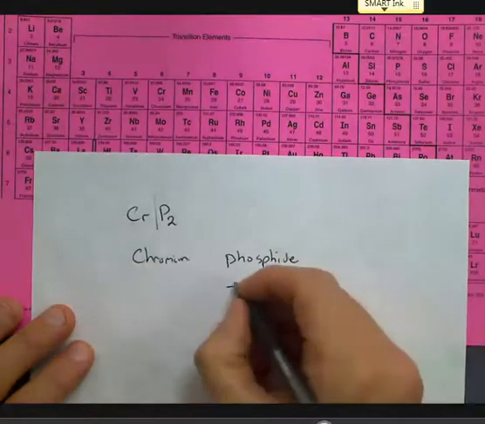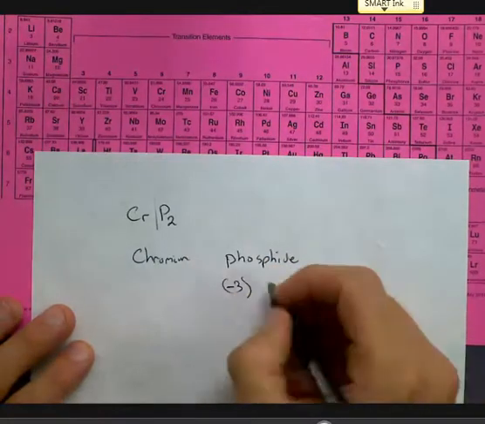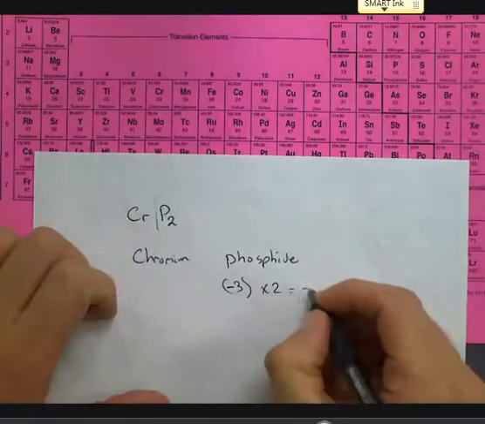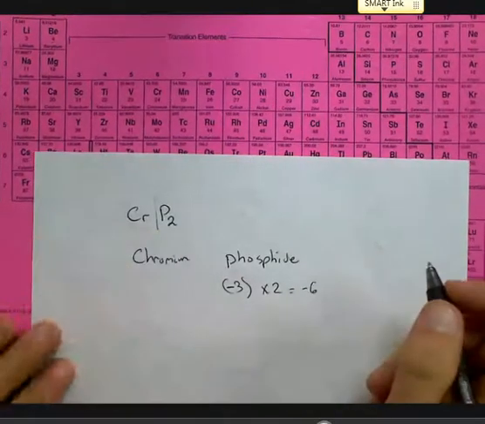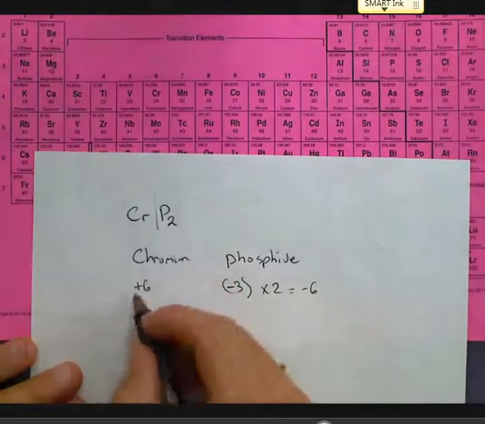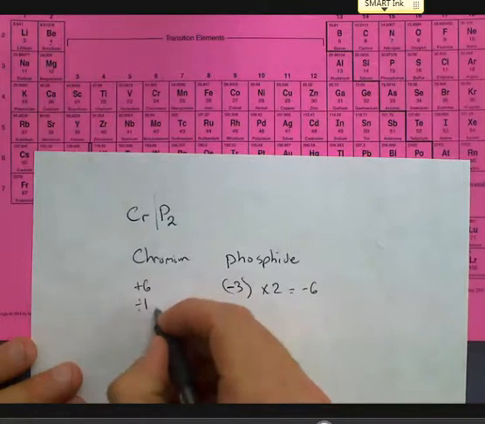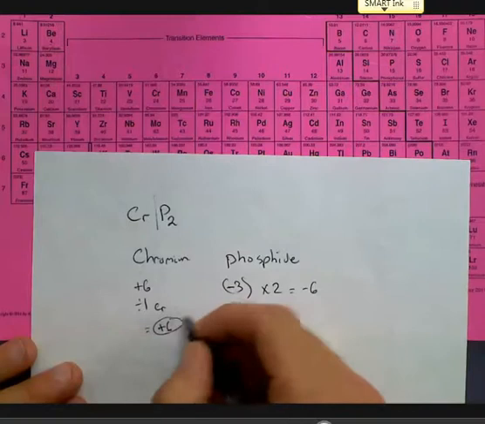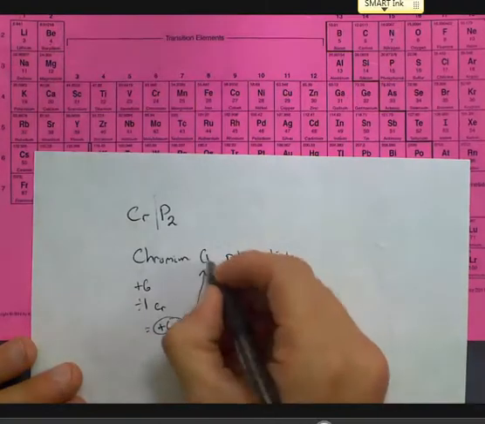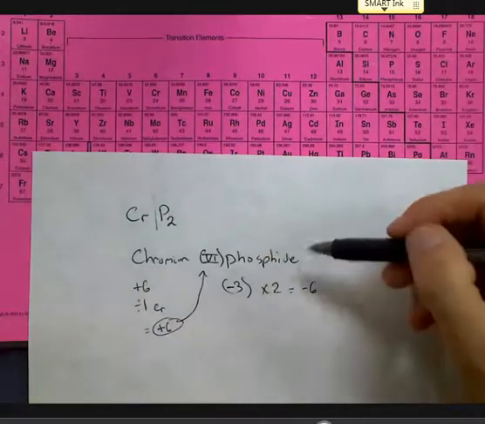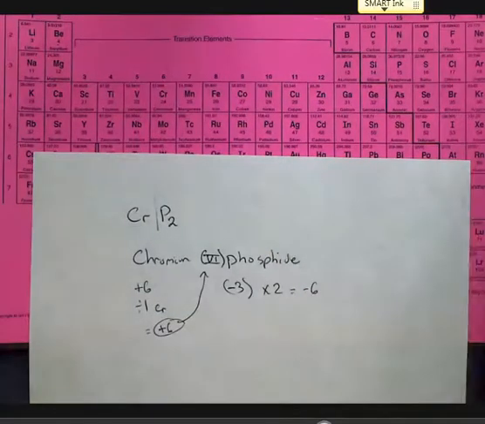Phosphorus wants to be a -3, and there are 2 of them here. So we've got a total negative charge of -6. Transfer that over. It's a total positive charge of +6, but we only have the 1 chromium, which means that that 1 chromium has a charge of +6. So this would be chromium 6 phosphide, pretty highly charged.